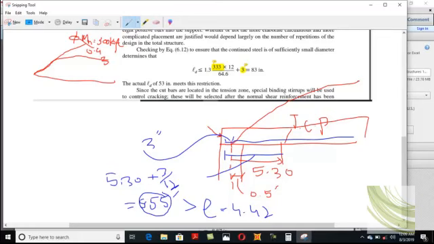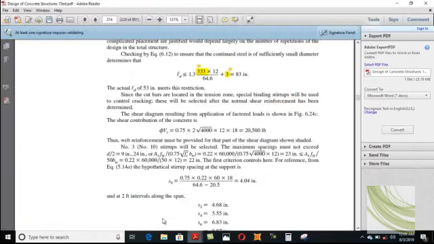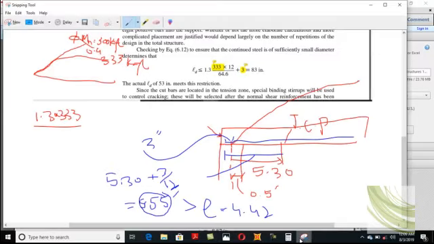It gives you 333 kip-feet. So you need to multiply it by 1.3 and divide by Vu. You need to find the shear, and the shear at this point comes out to be 64.6. That is your support shear. Here you must know that you need to take the support shear.